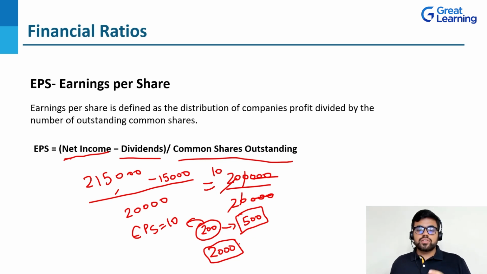What the company can do with this 2000 is give it back to you as dividends, or put the money into its own company for growth purposes. When the company puts its money into growth, it is bound that the share price of that company would go up because it's investing in itself for a better future. So the share price will go up, hence the value of your shares will also grow. So this is what EPS means.